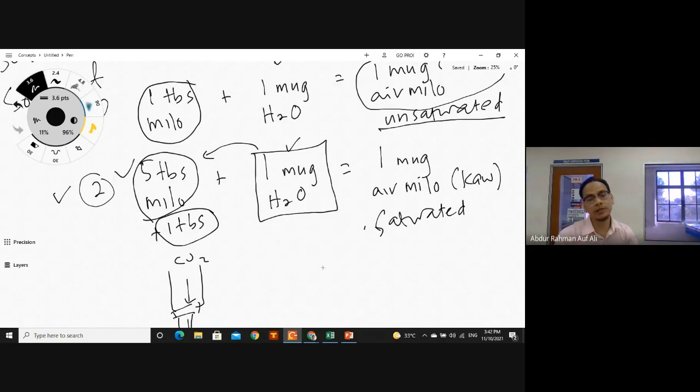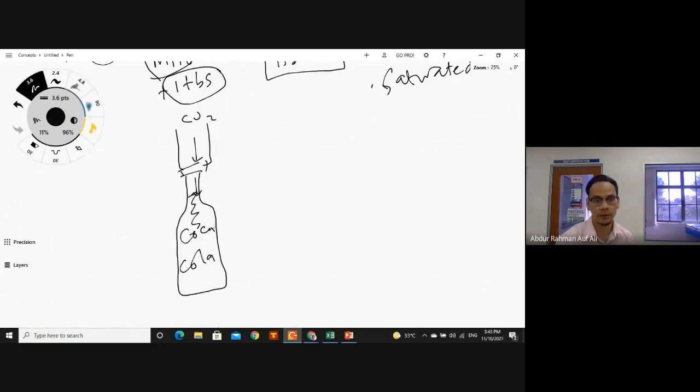Tapi kalau dalam production of carbonated water, Coca-Cola, air dalam botol tu akan ditembak with carbon dioxide. We shove the carbon dioxide into the water, into this sugary water, and then the carbon dioxide will seep into, dia akan masuk meresap, dia akan dissolve into the solution.